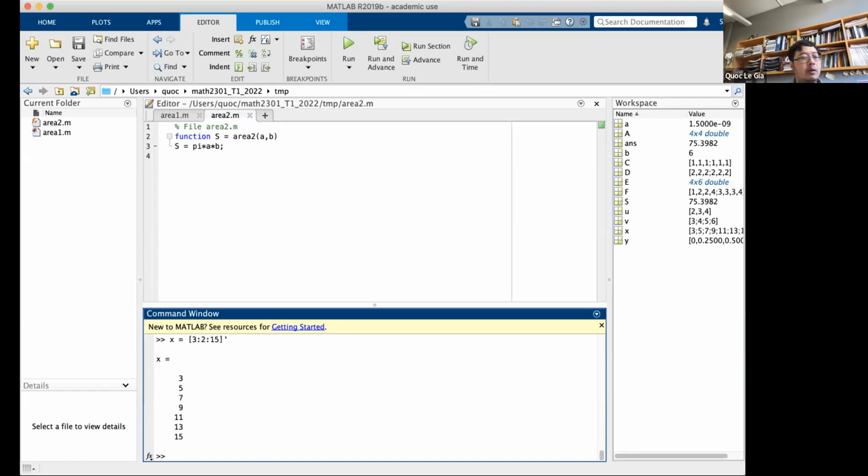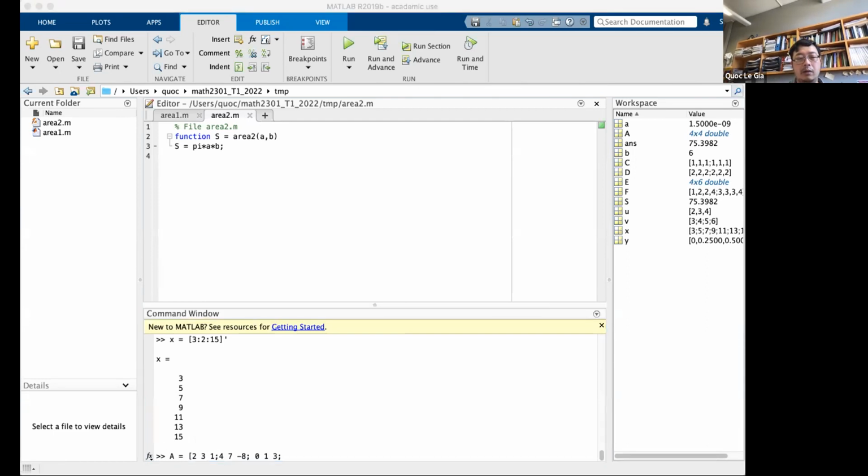And now, how do you use Matlab to solve a linear system? You define matrix A as 2, 3, 1, and 4, 7, minus 8, and then 0, 1, 3. So this is your matrix.